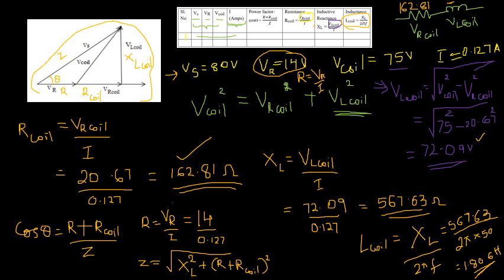XL is VL coil divided by I, which I have already calculated. XL value is 567.63 ohms. R is 14 divided by 0.127. Then the value of R coil you have obtained as 162.81. Substituting all those values, you will get the value of Z.